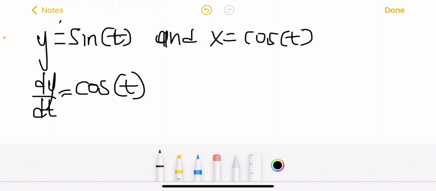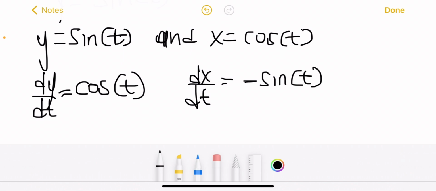Then now we go to x. This means we have to say dx over dt is equal to the derivative of cos of t. We know the derivative of cos of t is equal to negative sine of t. Understood?